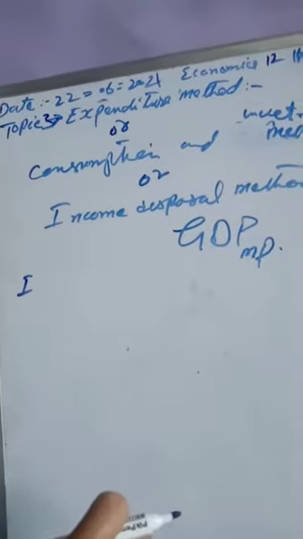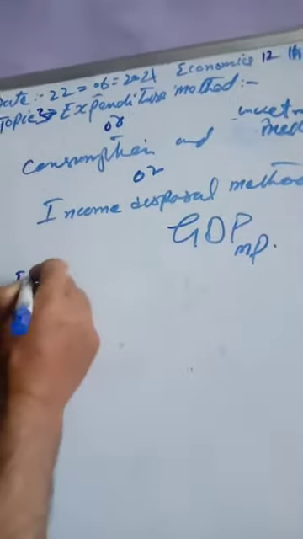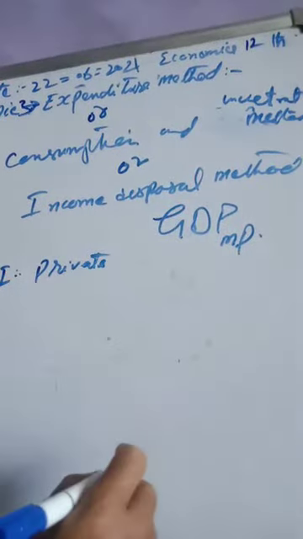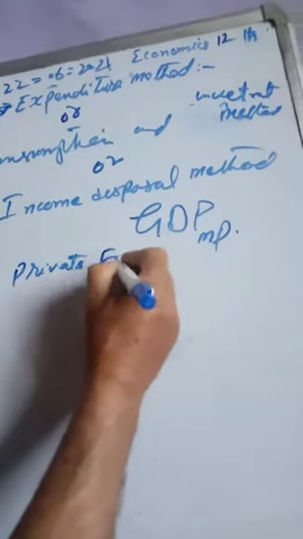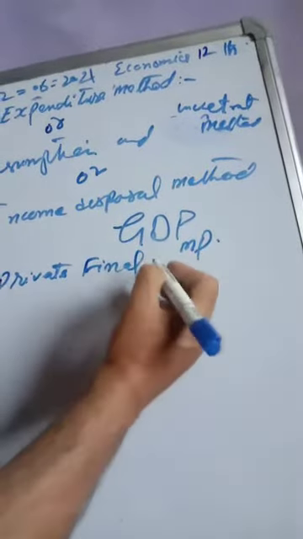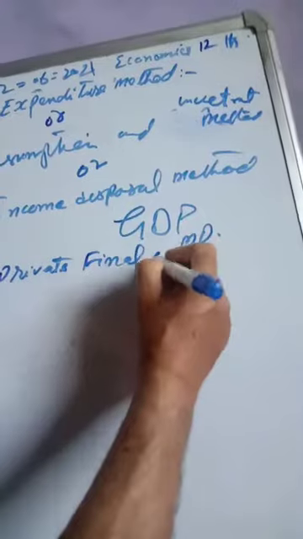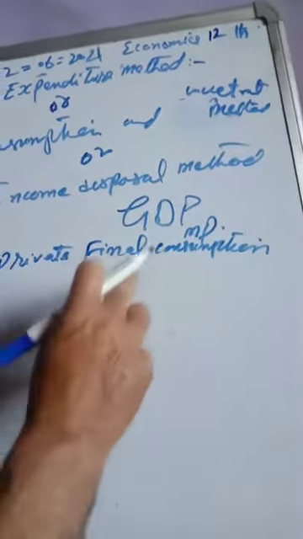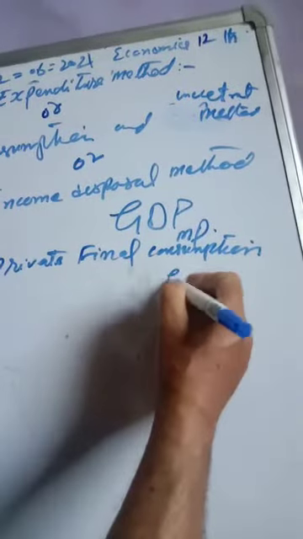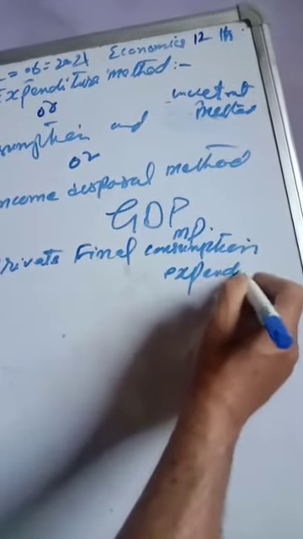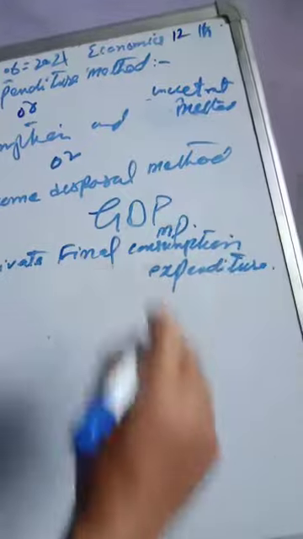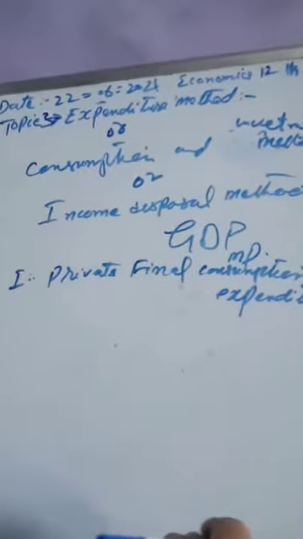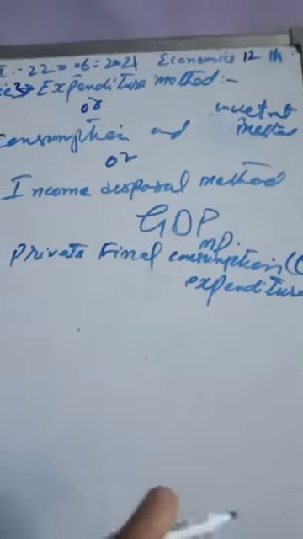Number 1 is private final consumption expenditure.